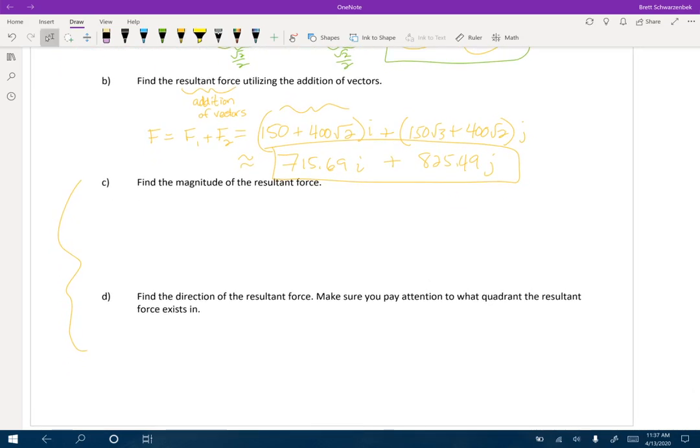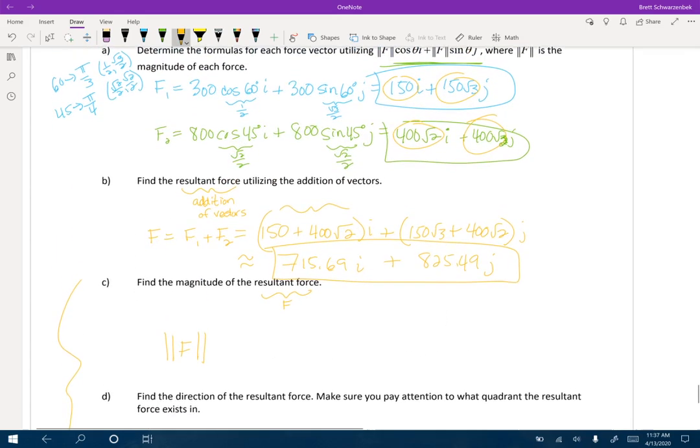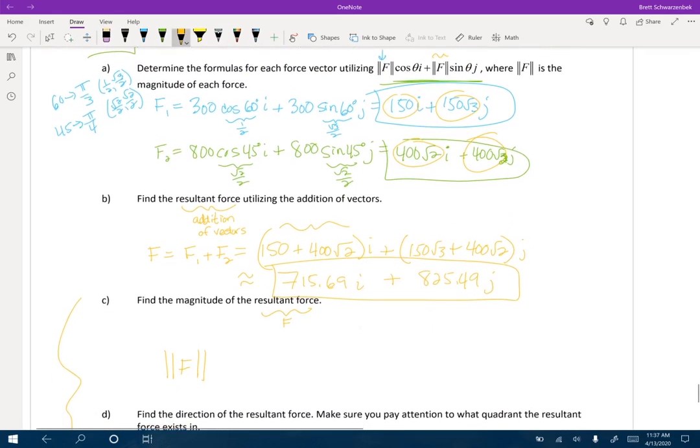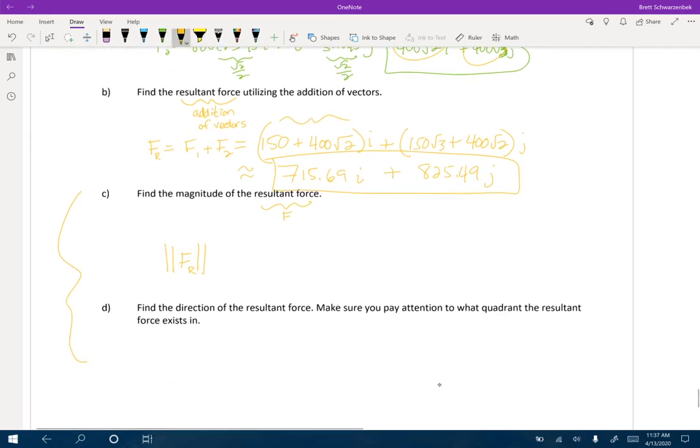Next, we need to find the magnitude of the resultant force, which is our F. So we need to do the magnitude of F, okay? So not to be confused with magnitude of F up here. Probably should use a different letter, let's do R, just to make sure. So resultant force is that. So how do we do that? Remember, that's the square root of a squared plus b squared.